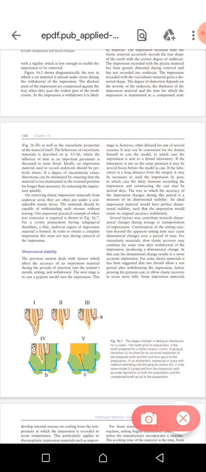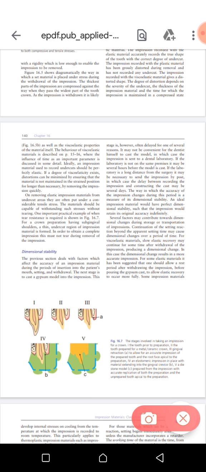For viscoelastic materials, slow elastic recovery may continue for some time after withdrawal of the impression, producing a dimensional change. In this case, the dimensional change results in a more accurate impression. For some elastic materials, it has been suggested that one should allow a rest period after withdrawing the impression before pouring the gypsum cast to allow elastic recovery to occur more fully.